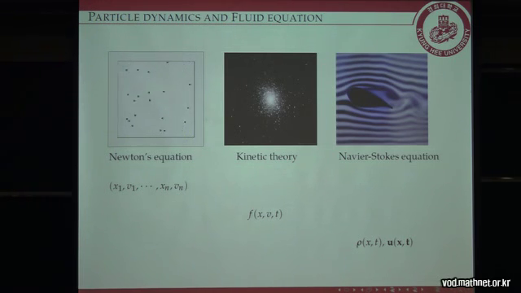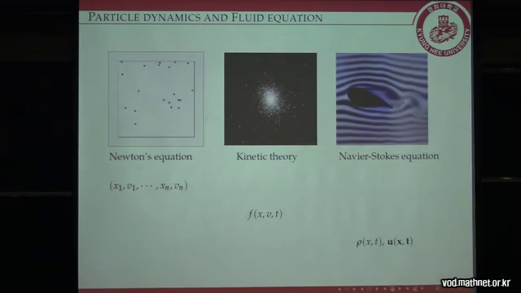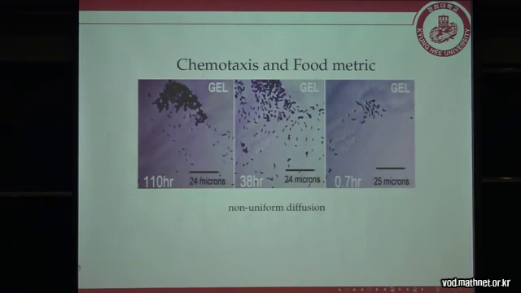Then we ignore the higher order terms, and we can obtain this fluid equation. This is the so-called hydrodynamic limit. Okay. So this is a really short introduction. Okay, so this is the main part.